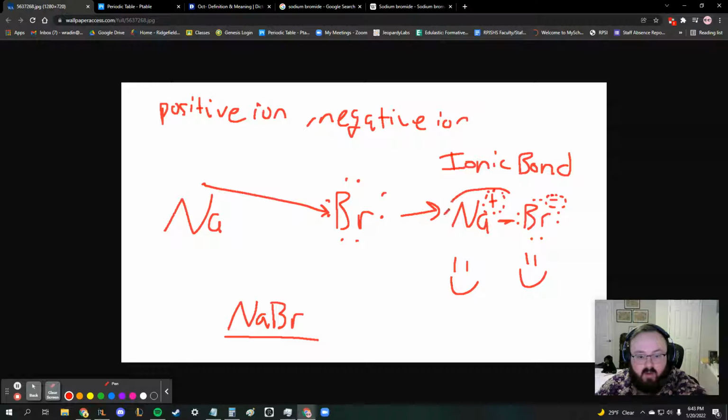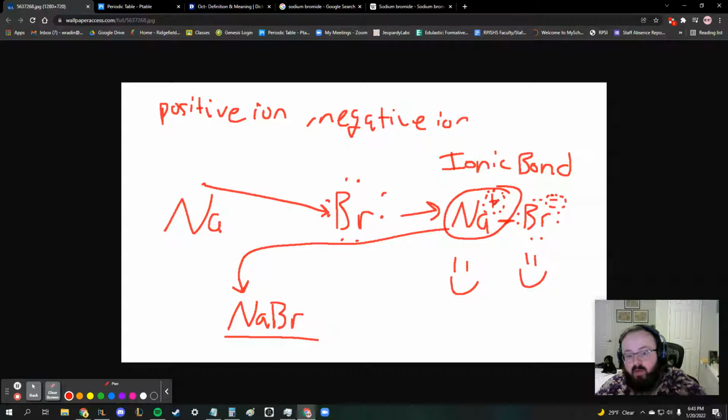So our positive ion is sodium, and it comes first. And we get rid of the charge when we write it. We just write the element. Okay? So we just write the atomic symbol, sodium. And then we put our negative ion. Again, we get rid of the charge.